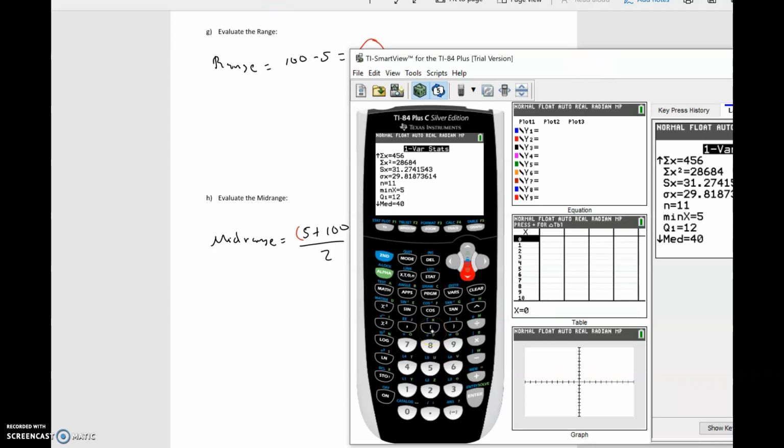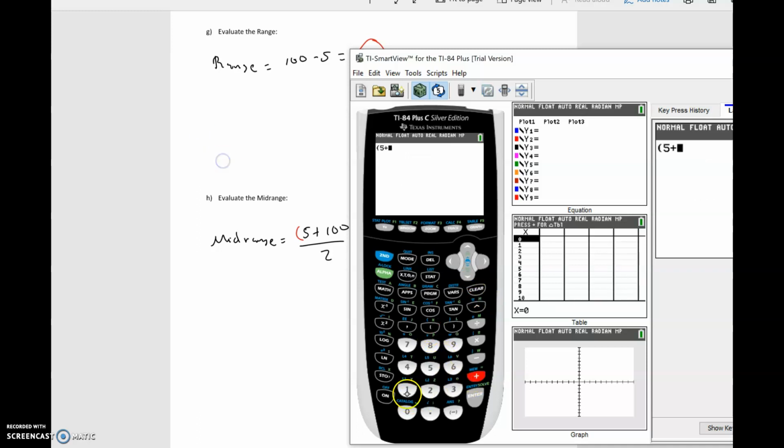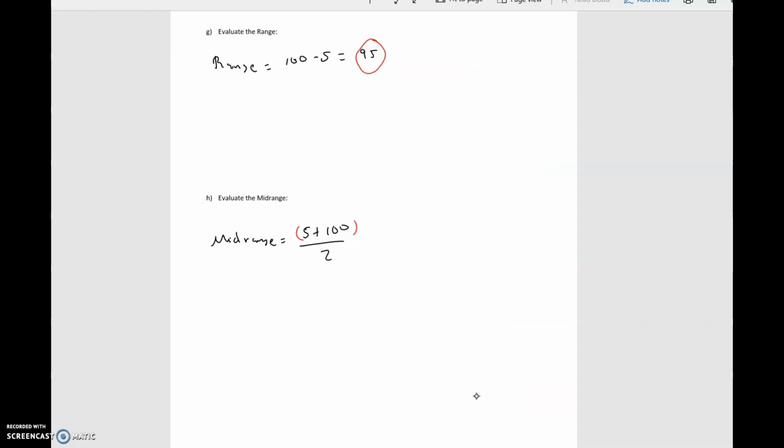So you would say parentheses 5 plus 100, close the parentheses, divided by 2. Round to 4 decimal places, in this case 52.5.